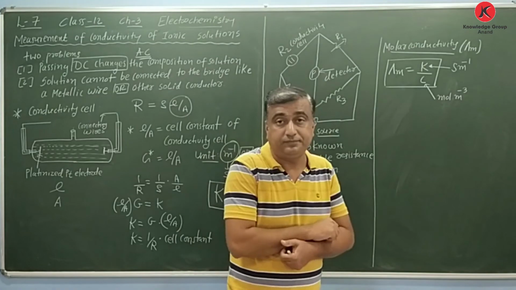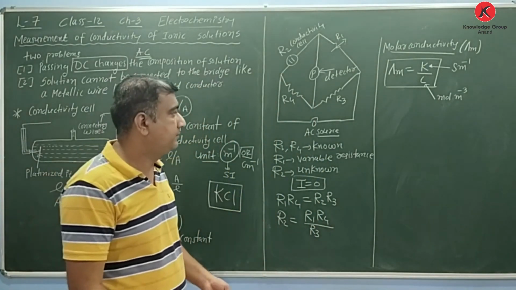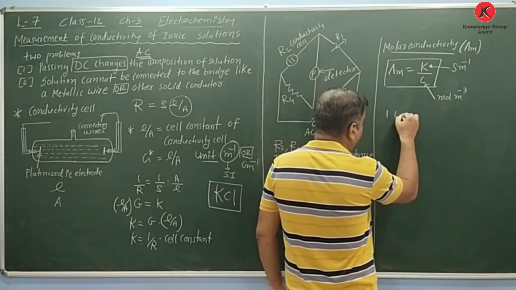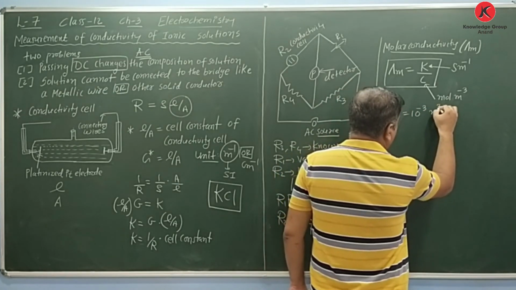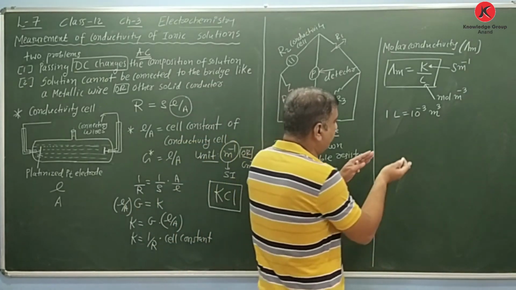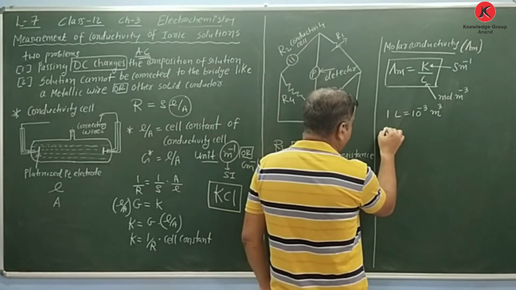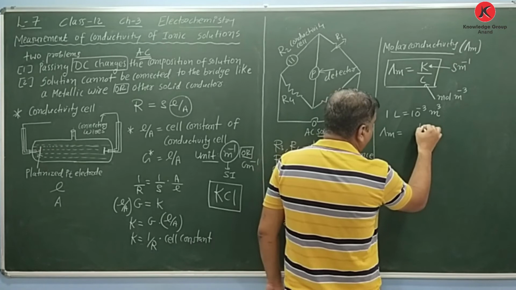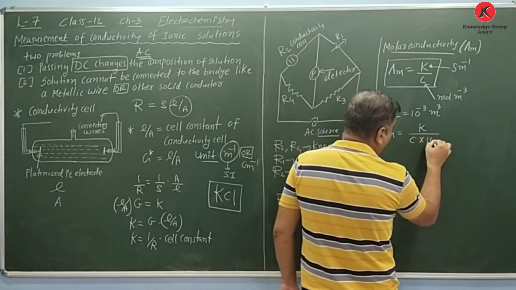But generally we take concentration in mole per liter. Then we know very well 1 liter equals 10 power minus 3 meter cube. So when converted into proper units, lambda m is equal to K into 1000 divided by C.